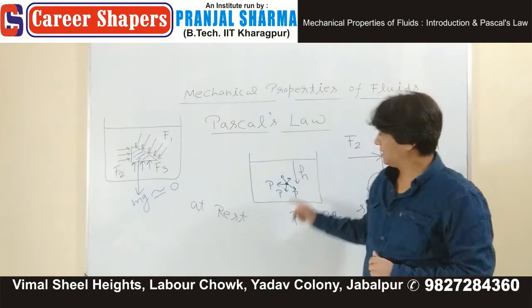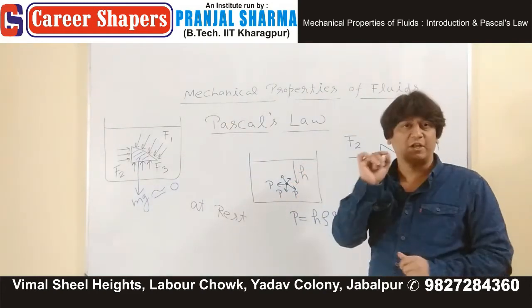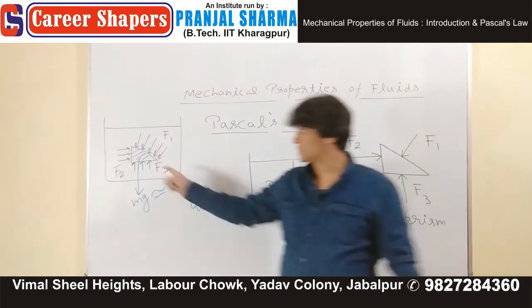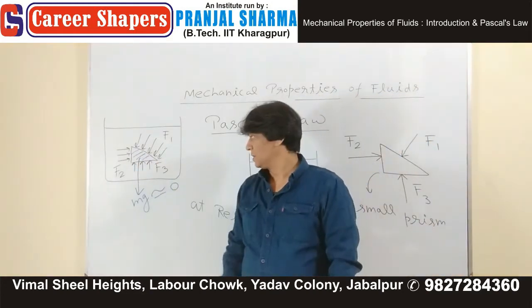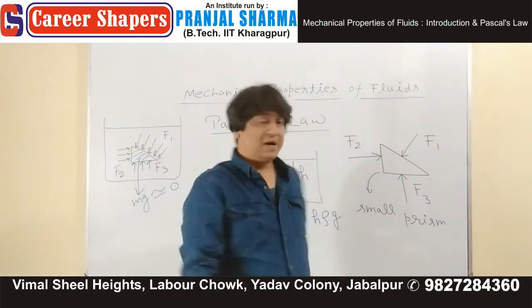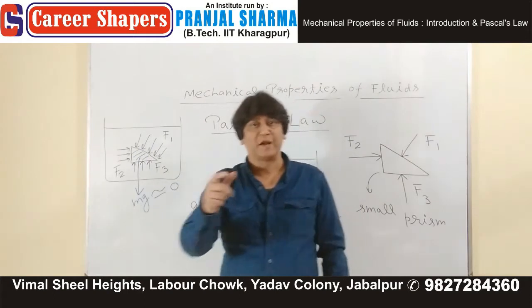When I say at a given height, at a given depth, then you are basically looking at a point. So the size of prism is just a point. Now, that's how forces are acting on the prism or any imaginary water volume.